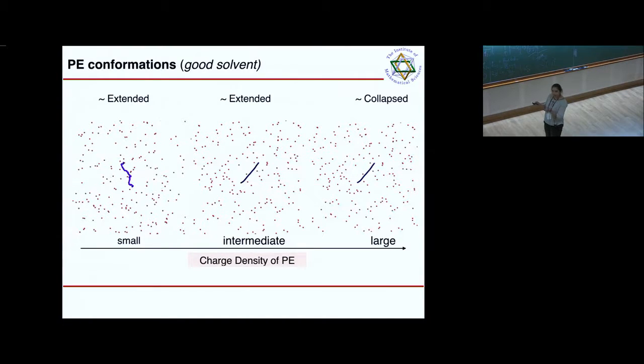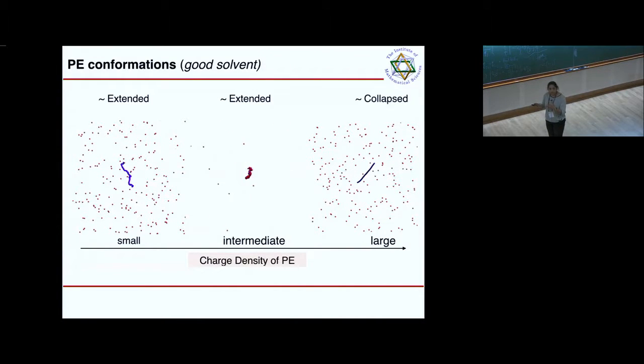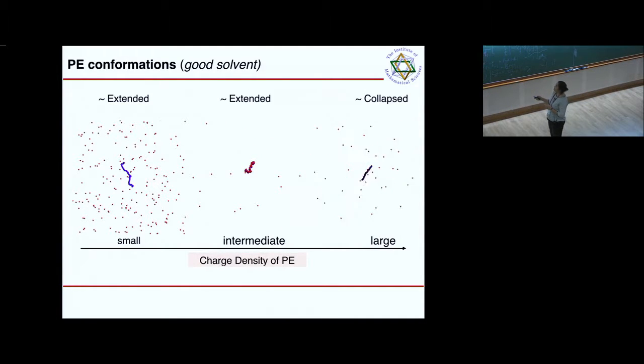As the charge on the polymer is increased, the counter ions start condensing on the polymer, but it's still in somewhat of an extended state. And very counterintuitively, if the charge density is very, very large, the polymer actually collapses. So this is very different from a neutral polymer, and also counterintuitive given that the polymer is completely charged.